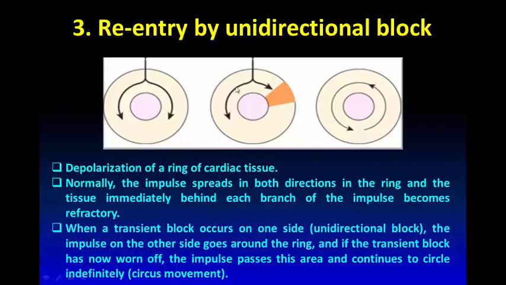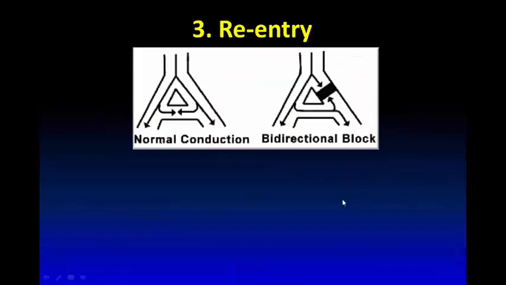The impulse on the other side goes around the ring, and if the transient block has now worn off, the impulse passes this area and continues to circulate indefinitely, initiating a circus movement or a re-entry circuit.